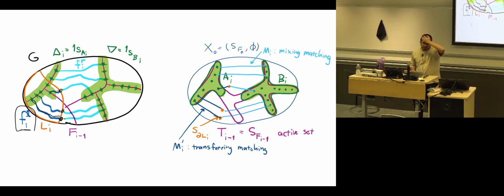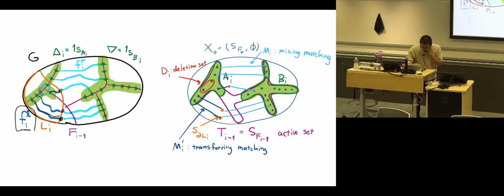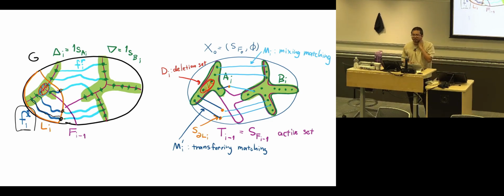And what should be my deleting set? The ones that didn't get matched on the left. Exactly. Like this one, you didn't match them, so we should just delete them.